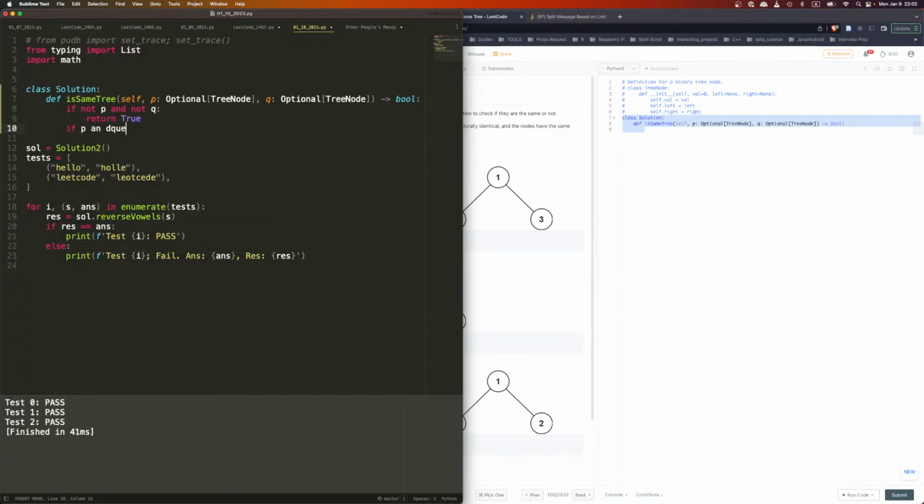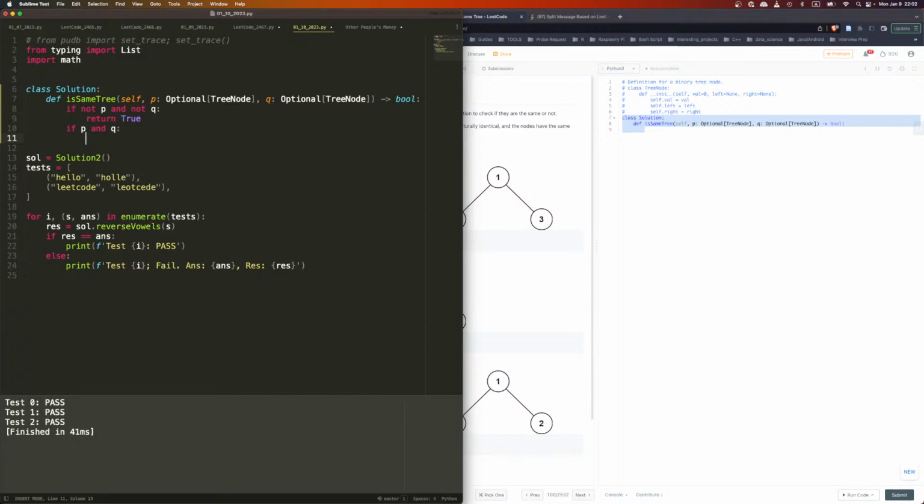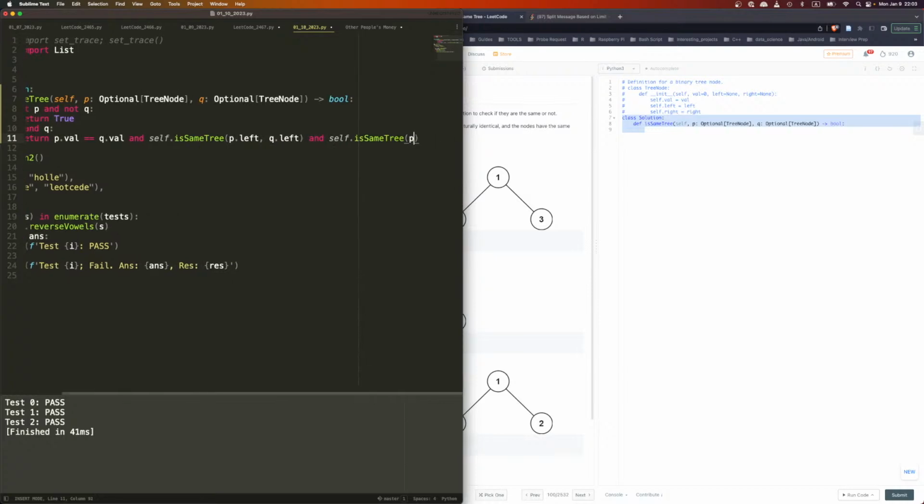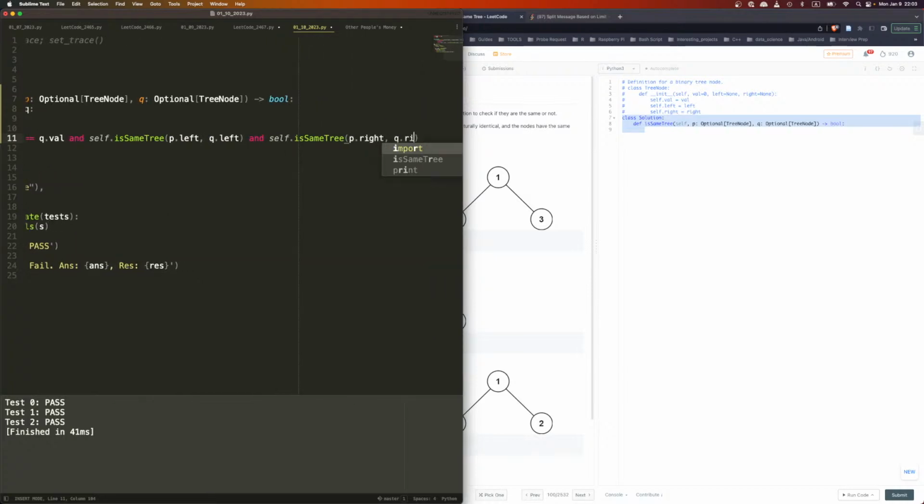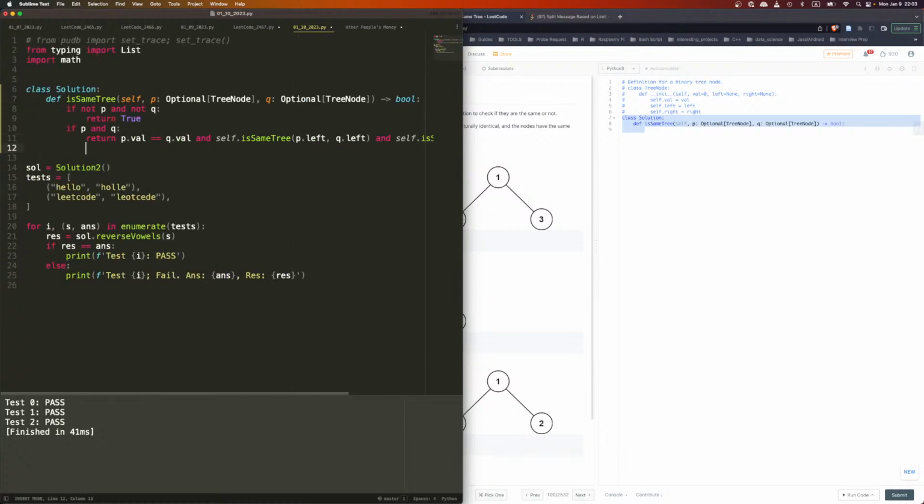If P and Q, return P dot val equals Q dot val and self dot isSameTree P dot left, Q dot left, and self dot isSameTree P dot right, Q dot right. Anything else, return false.